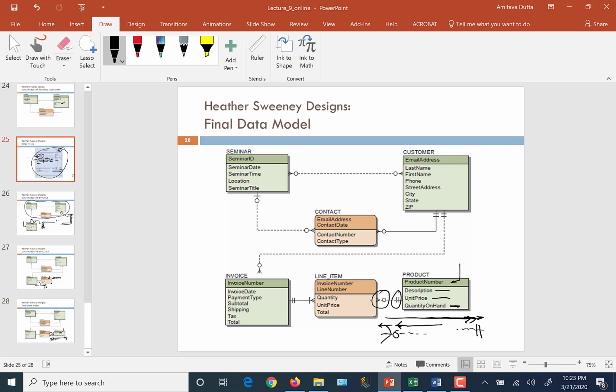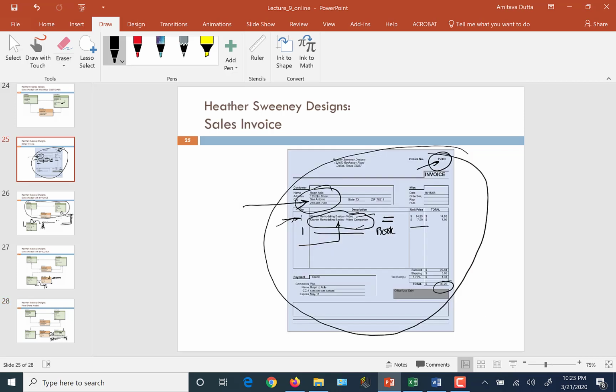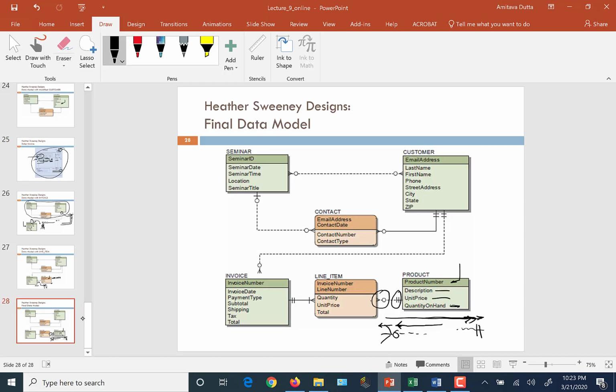That makes sense, because if you have a line item, it can't be that the line item doesn't refer to any product. It has to refer to a product, and it cannot refer to more than one product. Okay, and therefore you have this, and minimum and maximum cardinalities are 1 in this case. So this is also a one-to-many relationship.